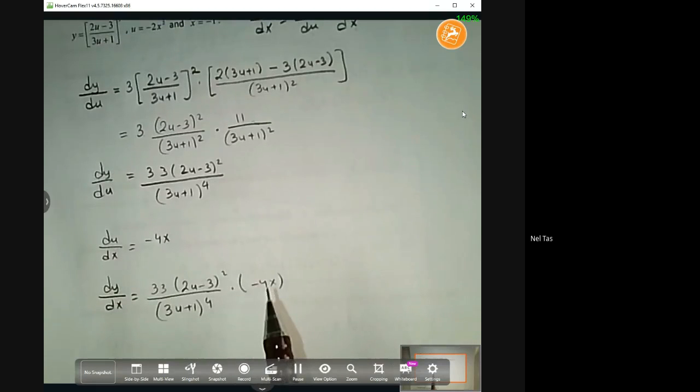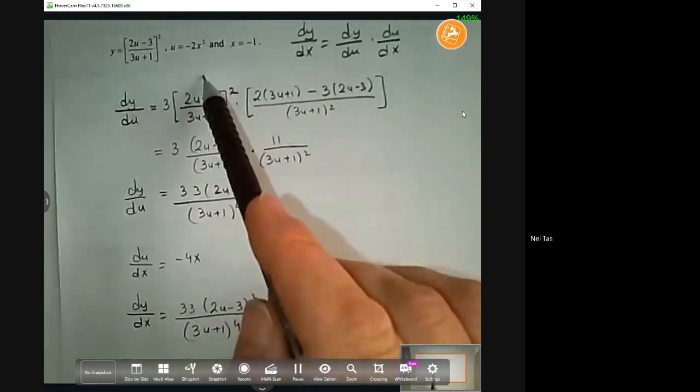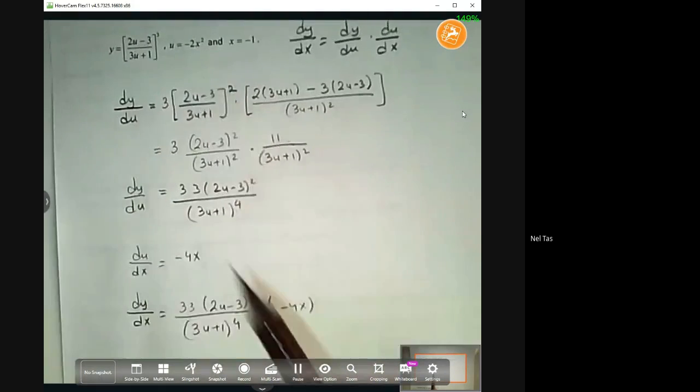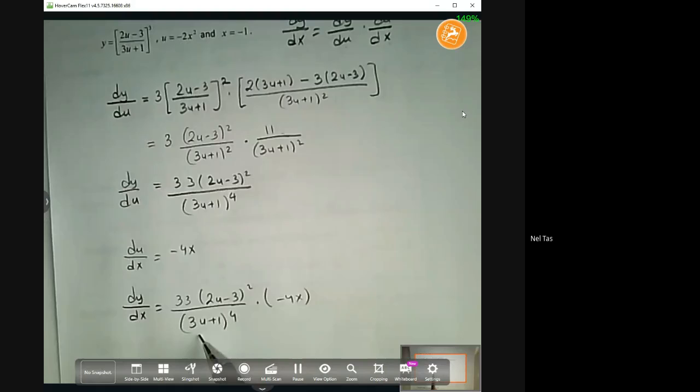If the question is asking you to write everything in terms of x, you can easily replace u by negative 2x squared and then write everything in terms of x.